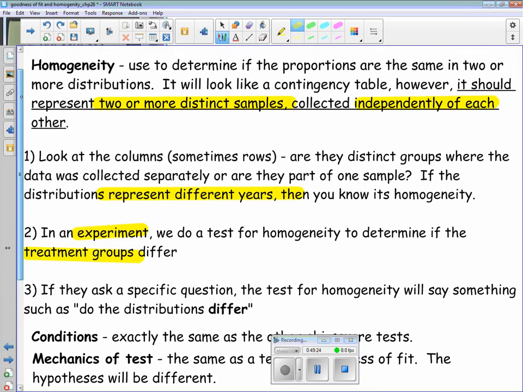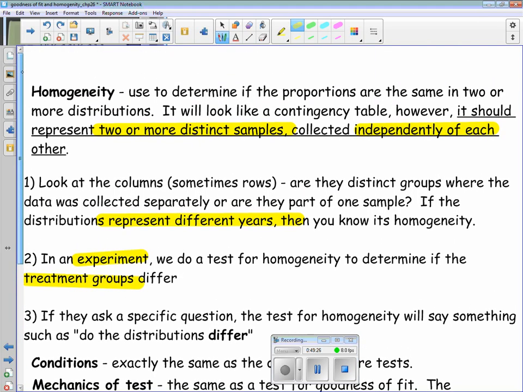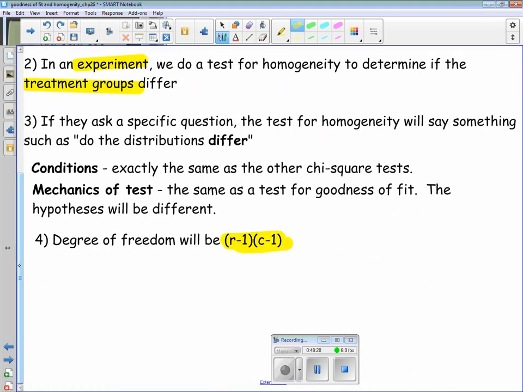I'm losing my brain here today. A contingency table. So in a contingency table, you have rows and you have columns, right? So it's the number of rows minus 1 times the number of columns minus 1. That's really the only difference, besides we have 2 or more samples, okay?